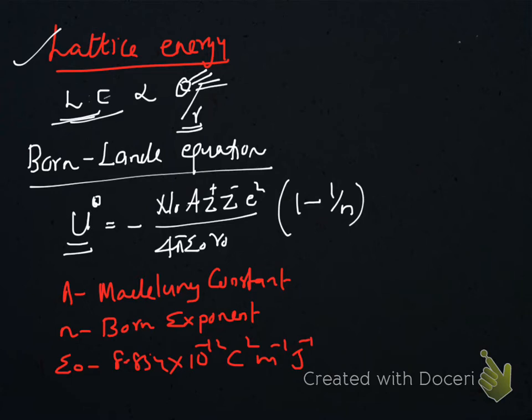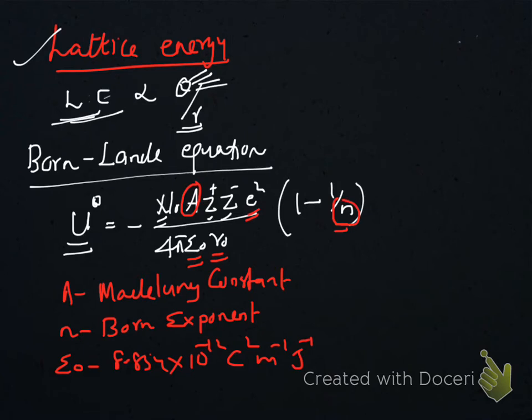Here U0 is lattice energy, N0 is Avogadro number, Z plus is the charge of the cation, Z minus is the charge of the anion, e is the charge 1.6 into 10 raised to minus 19 coulomb, squared, epsilon 0 is the permittivity of free space, and R0 is the distance between the cation and anion in the ionic compound. A is called the Madelung constant and n is called the Born exponent.